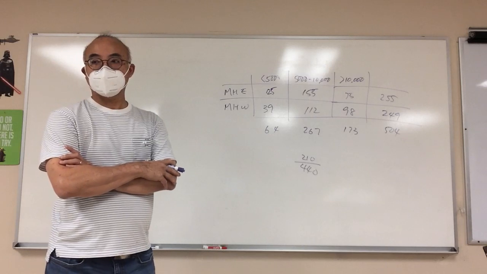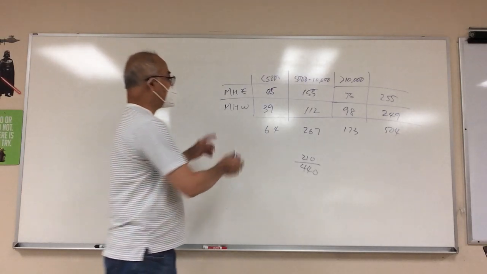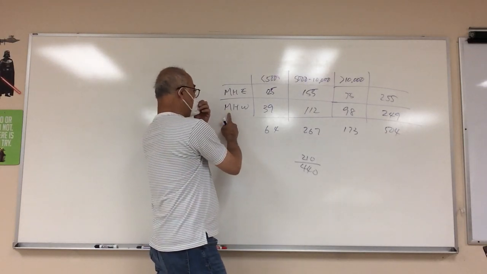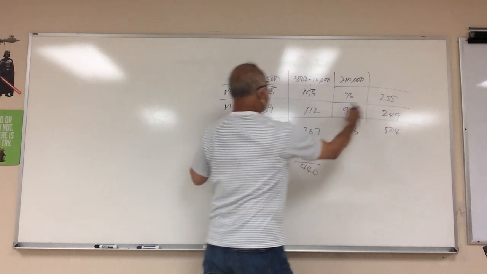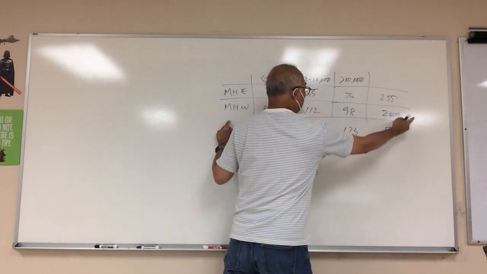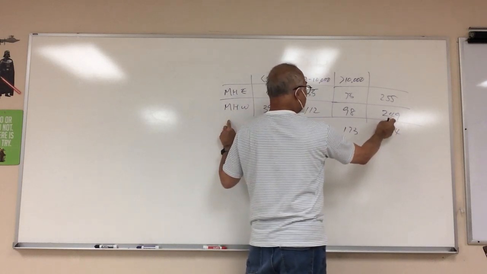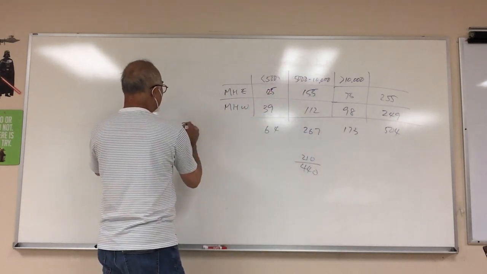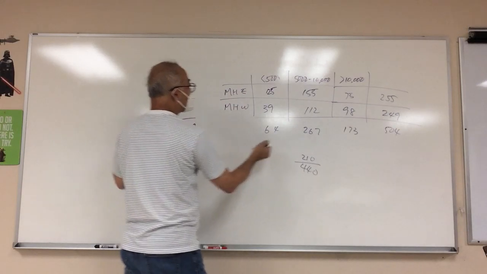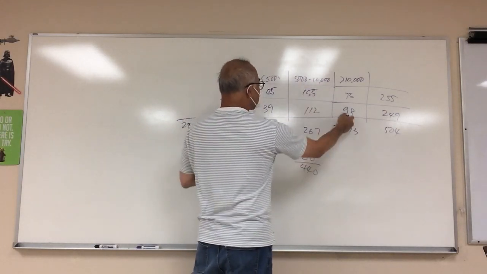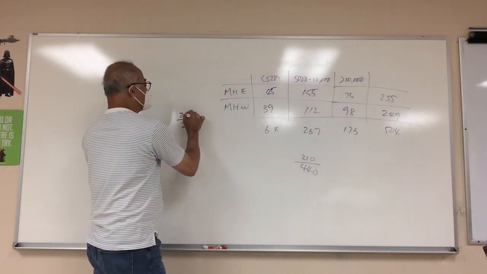Everybody understand how that worked? Given that I'm Manhattan West, which means that I'm looking at this row only, right? So my entire students are 249, right? Greater than 5,000 would be this plus this, 210.